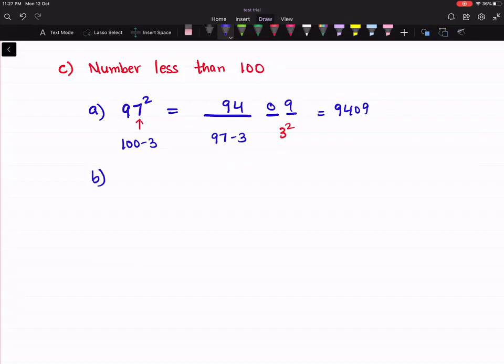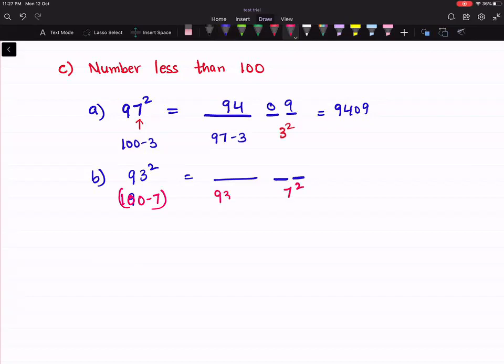If I'm interested in 93 square. So 93 is 100 minus 7. Now this is in two parts again. Rightmost side is guided by 7 square.